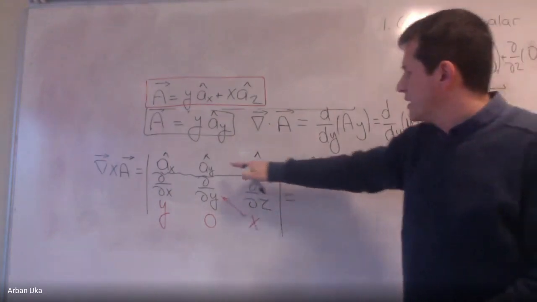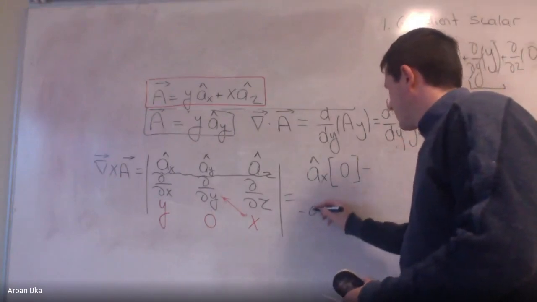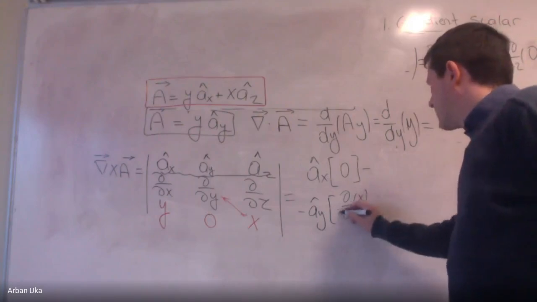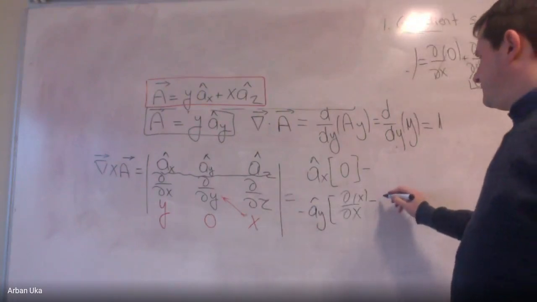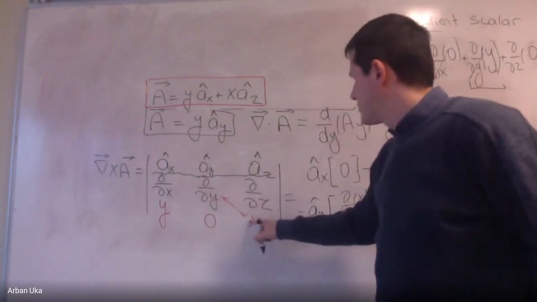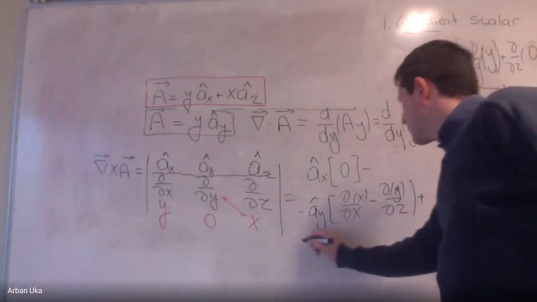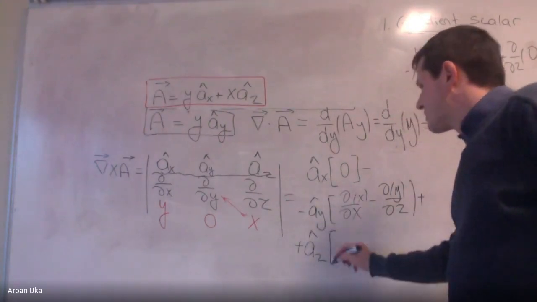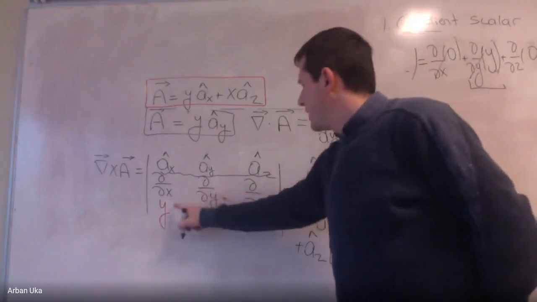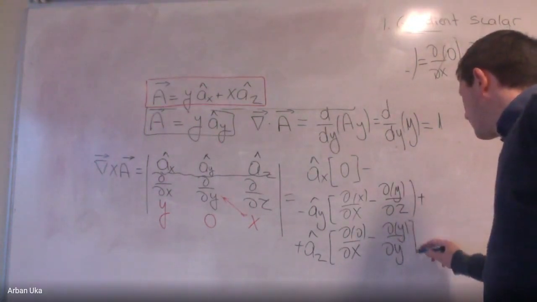So we get a 0 here, minus ay times the derivative of x with respect to x, and the derivative of y with respect to z, plus az, and this az is going to be the derivative of 0 with respect to x, minus the derivative of y with respect to y, okay?